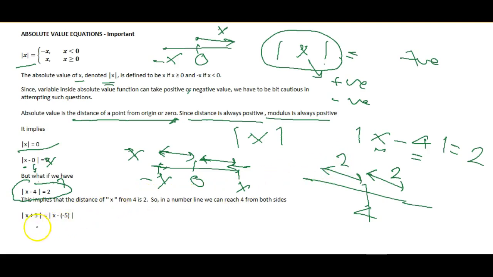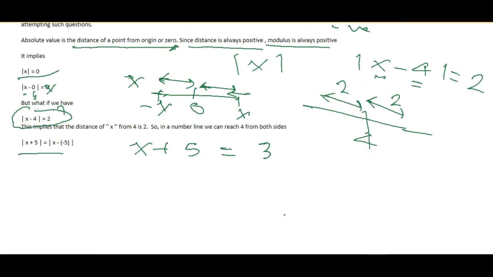Similarly, if I write this equation, mod of x plus 5 is equal to, let us say, 3, then I can write x plus 5 again as x minus of minus 5.